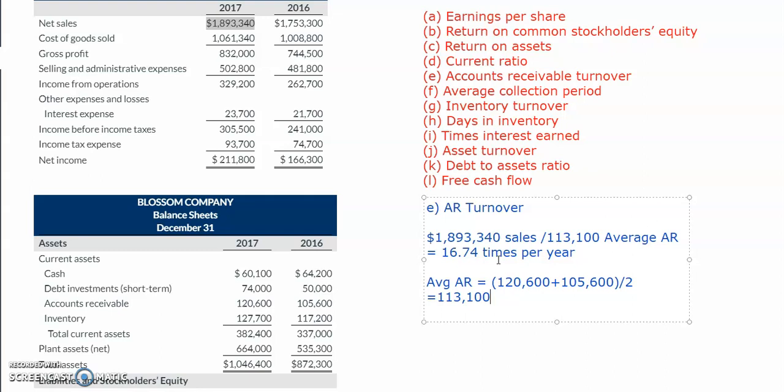But a related ratio is going to be the average collection period. So how many days does it take for me to collect on my accounts receivable? So average collection period equals 365 days divided by my AR turnover, which I computed to be 16.74 times per year.